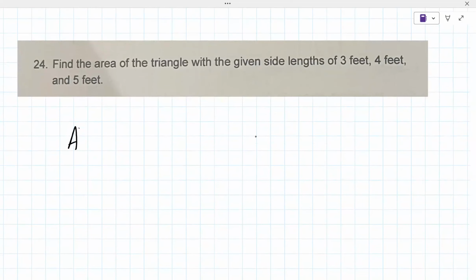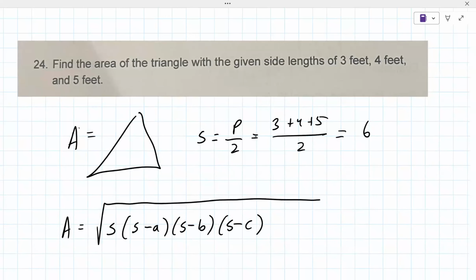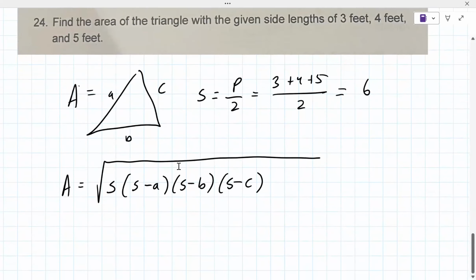Yeah. So you need the half perimeter. It's usually called S. So that's half perimeter. It's 3 plus 4 plus 5 divided by 2, which is 6. And then the area is the square root of S, S minus A, S minus B, S minus C. Does this look familiar to you?